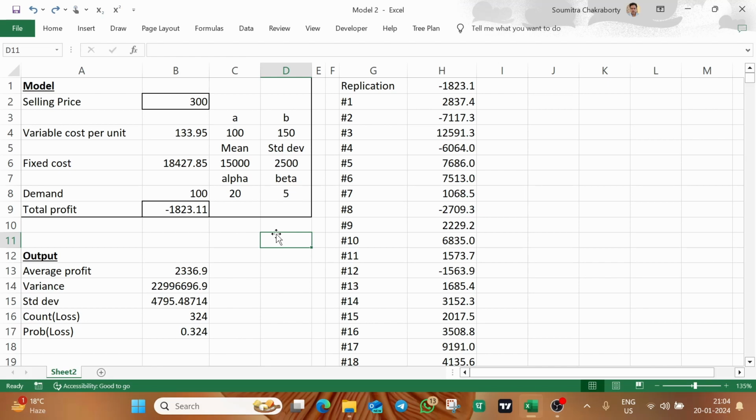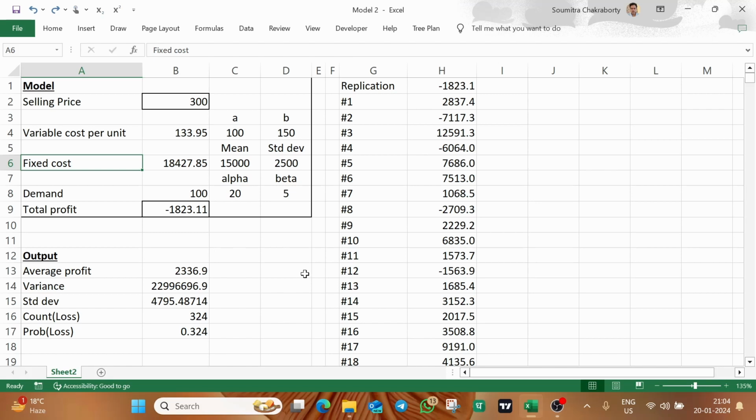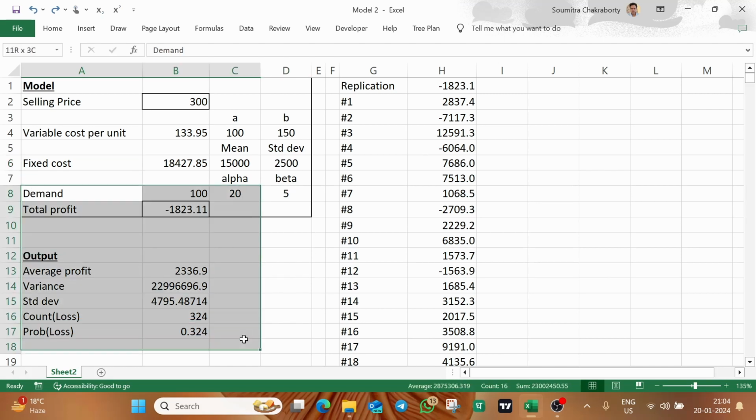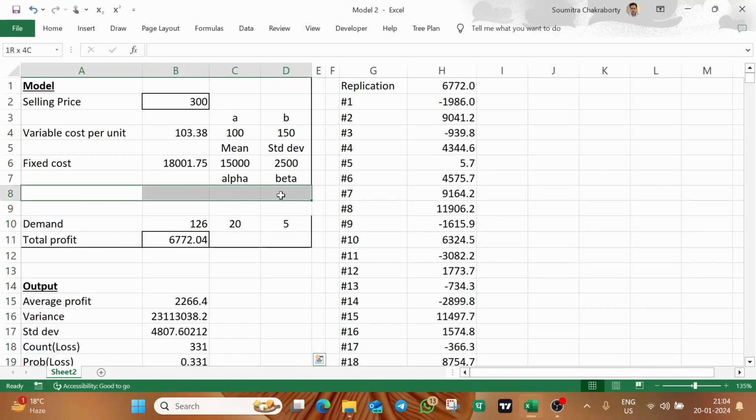Also, suppose this is a very simple model. Suppose you want to add some additional components or some additional complexities into this particular model. What we will do here, you can just drag these things a little bit down, create new variables here, and then modify the total profit formula.